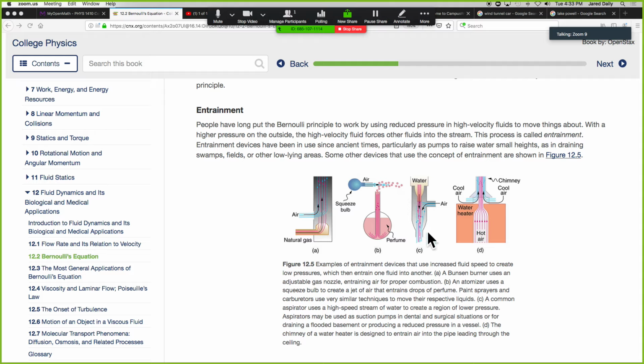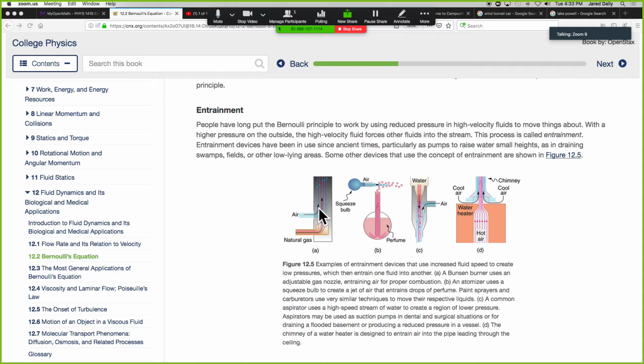Another one that you're probably more used to is the idea of a fireplace. With a fireplace, you build a fire at the bottom. In this case, they're using natural gas at the bottom. And then you have air intakes. Now, some fireplaces actually have a separate air intake, but most of them just have a big opening in front so the air can come in the top or in front.